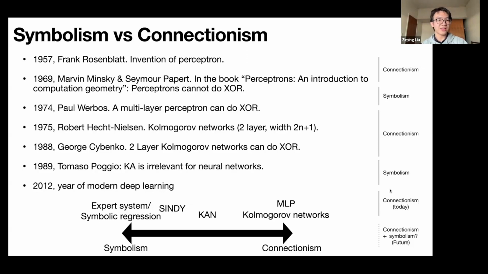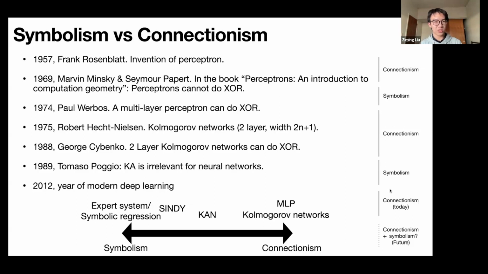And then in 1974, as I mentioned earlier, Paul Werbos successfully extended the two-layer perceptron to the multi-layer perceptron and found that the multi-layer perceptron can indeed do XOR. And then in 1975, Robert Hecht-Nielsen coined the name Kolmogorov networks, basically writing down and parameterizing the Kolmogorov-Arnold representation as a Kolmogorov network. Back then, still two-layer with 2n+1.